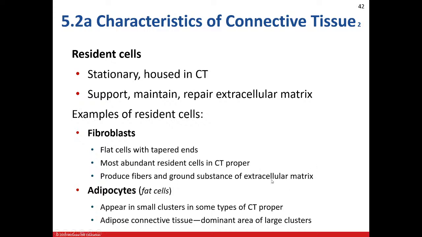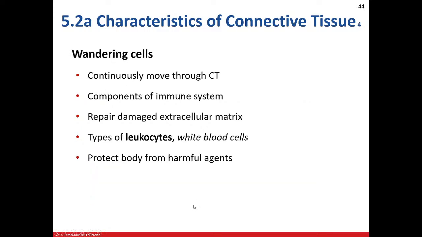We also have adipocytes, which are fat cells, and they appear in small clusters in some types of connective tissue proper. So adipose tissue, these are the cells that hold on to fat, store fat long term for us.